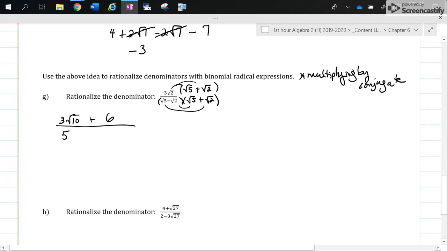So we don't really have to worry about doing the outer and the inner. We know those are going to add up to 0. Those are going to cancel out. And then last, we have negative square root of 2 times the square root of 2, which is negative 2. Okay, so let's see. We get 3 square root of 10 plus 6 all over 3.